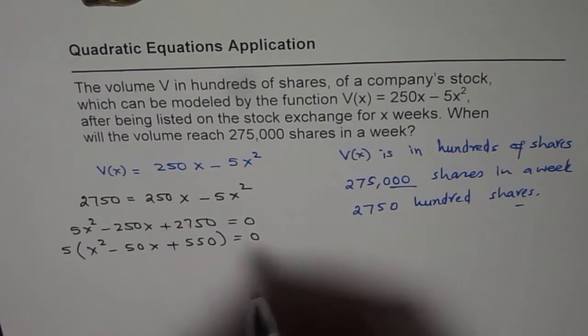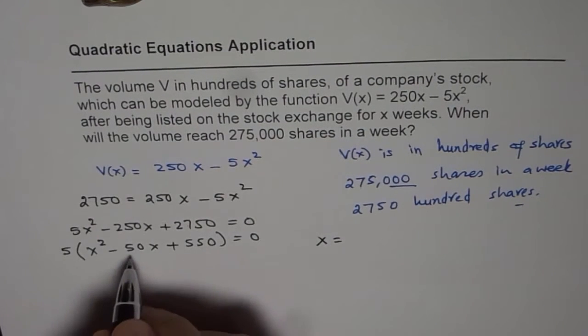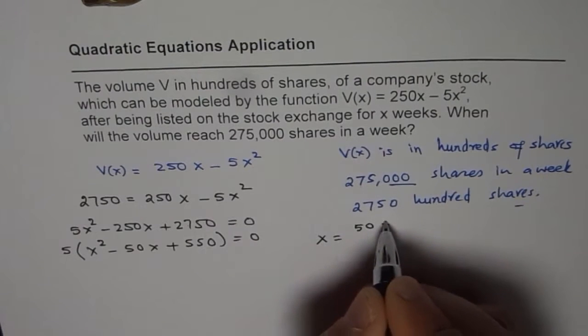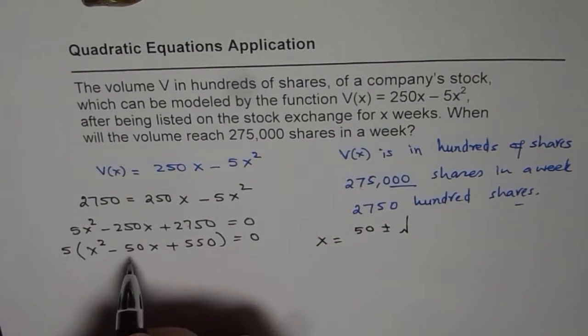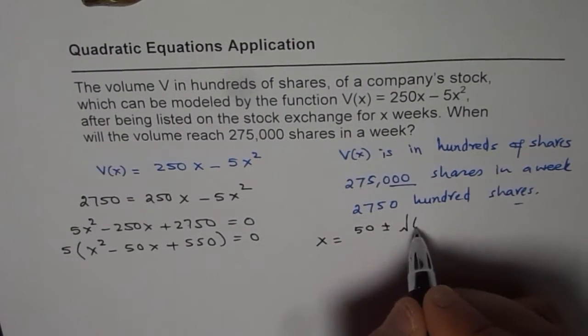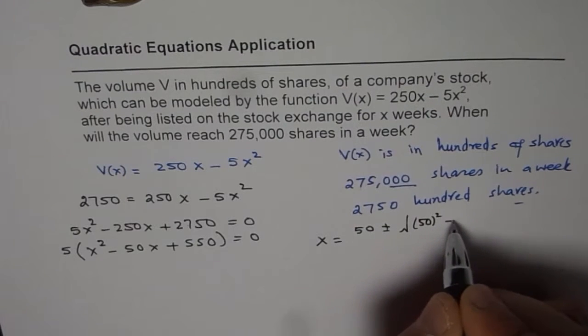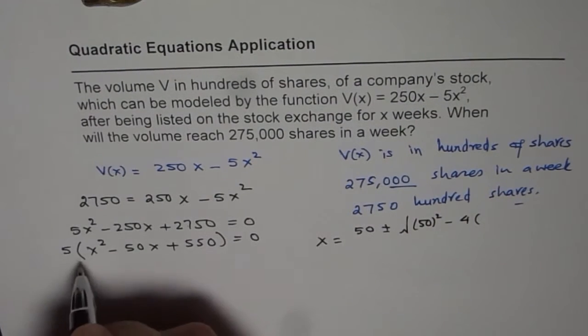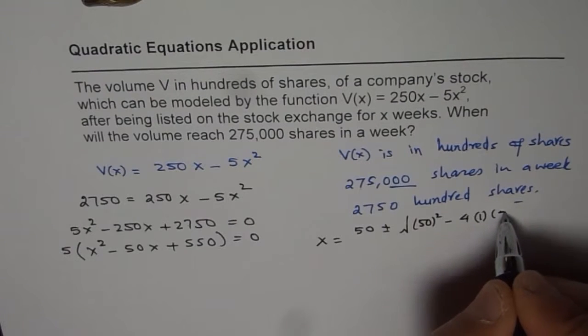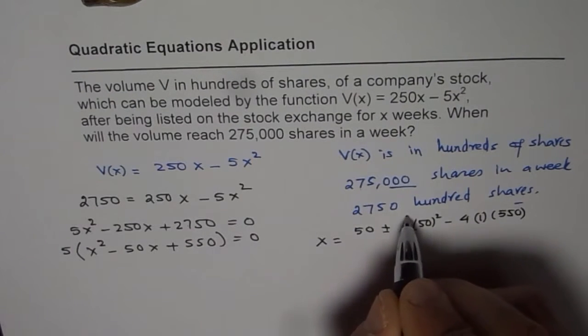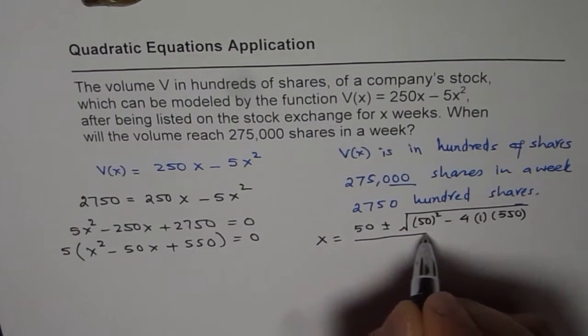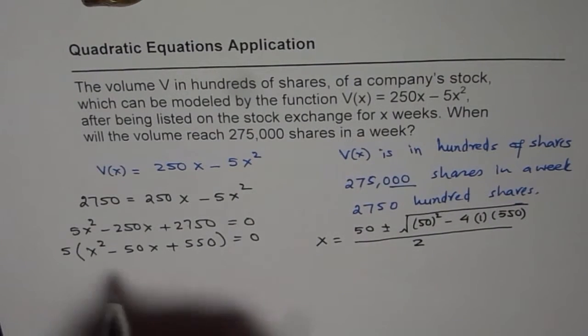Let me use the quadratic formula here. So we get x equals minus b, which is 50, plus or minus the square root of b squared, which is 50 squared, minus 4 times a, which is 1, times 550, divided by 2 times a, which is 1.